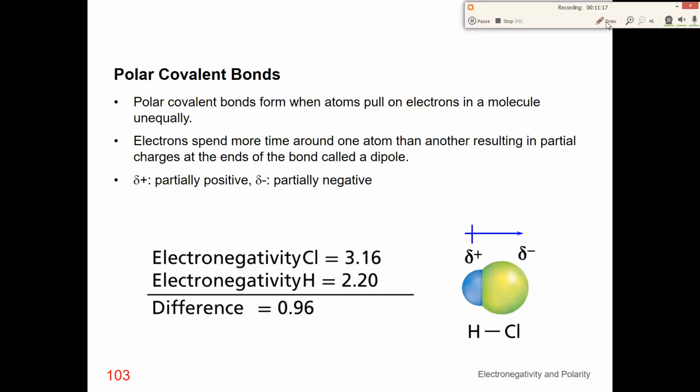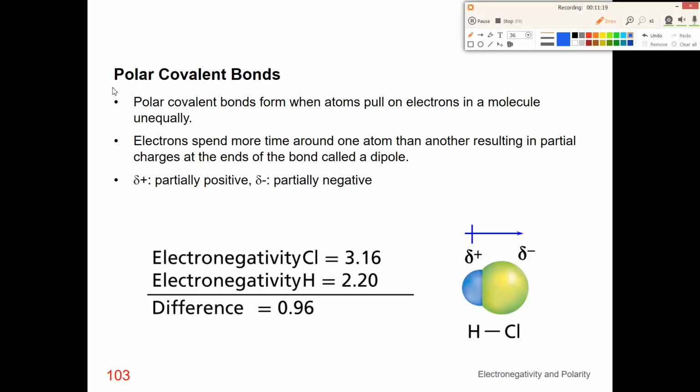For a polar covalent bond, we have a physical quantity called dipole. We can use dipole to measure the polarity of a covalent bond. It's about electron distribution, with electrons closer to one atom than the other.